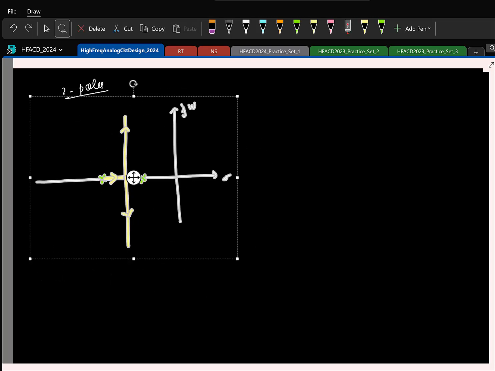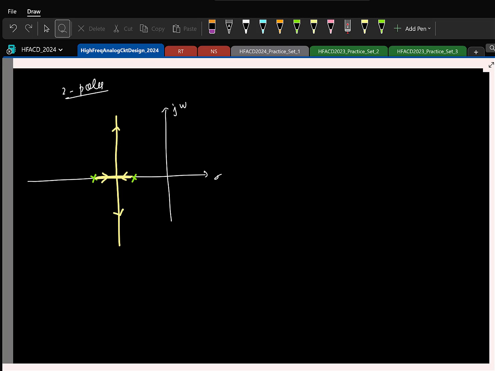Okay, so now can you say whether a second order system will be stable or unstable? It will definitely be stable once again, right? But the issue is, as you see, if you have a large DC gain, the closed loop poles can lie on the S plane, let's say somewhere here. Which means you have poles of the form minus sigma naught plus or minus j omega naught.